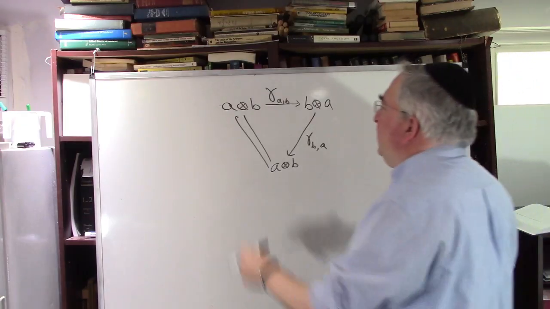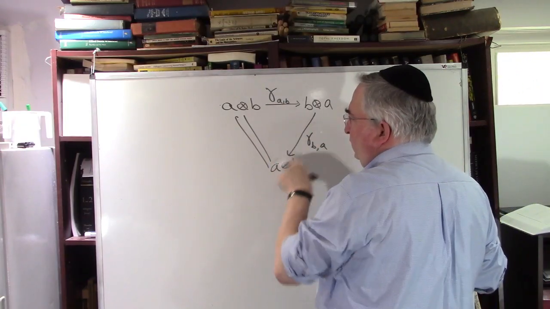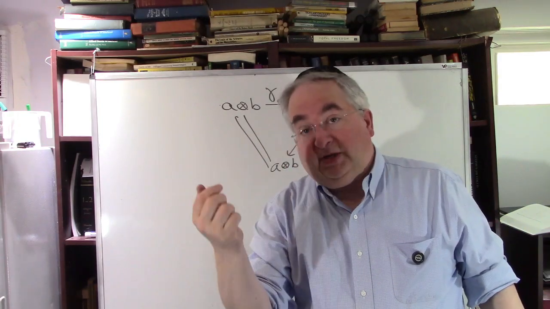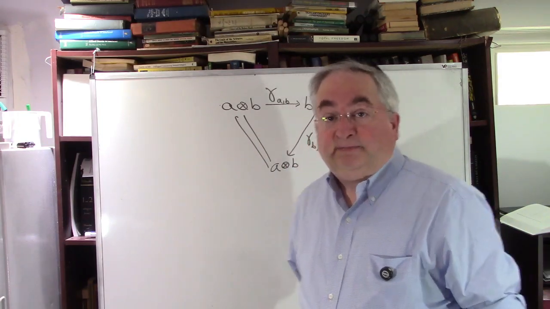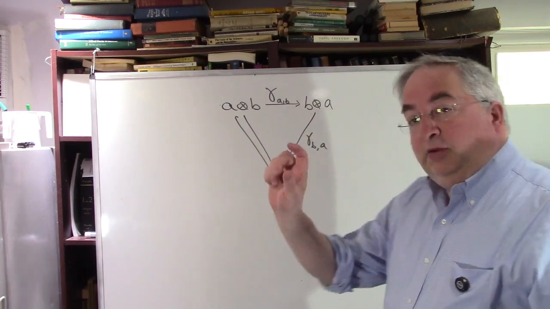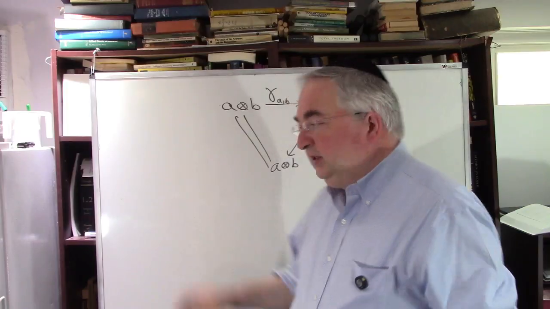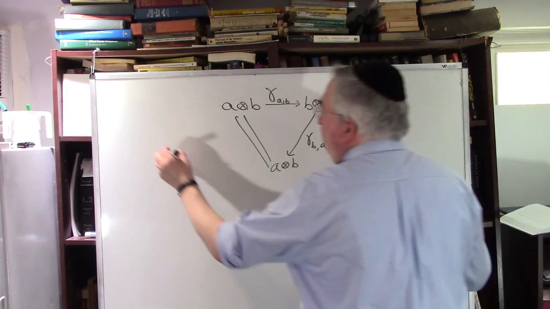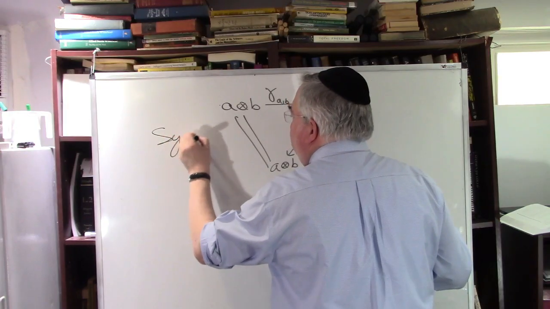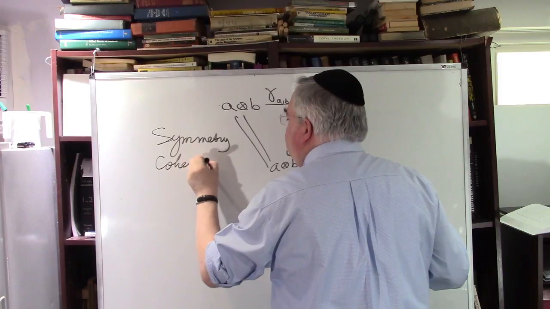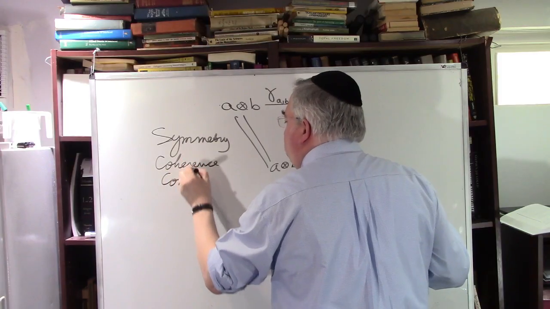What this says is gamma is its own inverse. In other words, if you flip things and you flip it again, you get the identity. Once, twice, you get the identity. This has a name: it's called the symmetry coherence condition.